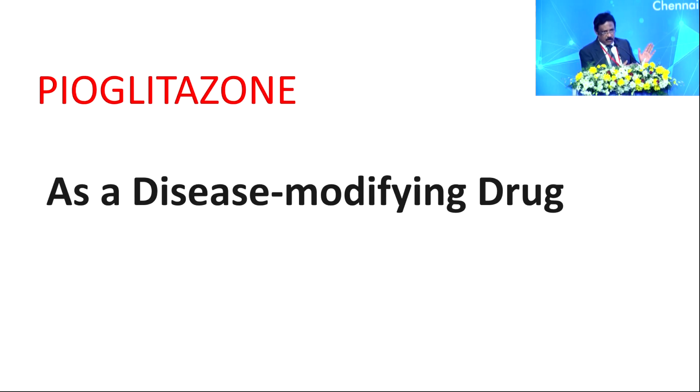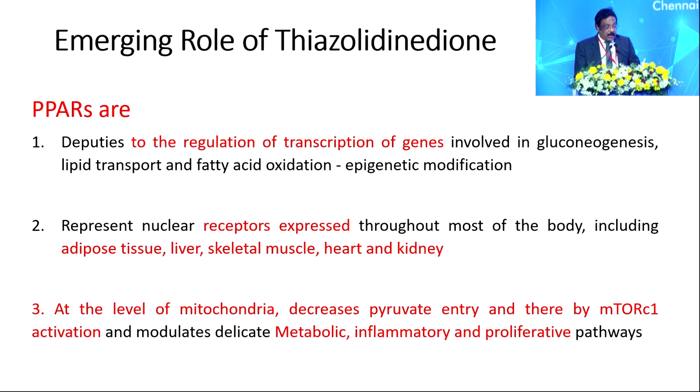First I'm going to focus on pioglitazone, the forgotten molecule for a very long time, and the emerging role of thiazolidinediones. They regulate the transcription of genes involved in gluconeogenesis, lipid transport and fatty acid oxidation, and more so epigenetic modifications. They represent a nuclear receptor expressed throughout the body: liver, skeletal muscle, heart, kidney, and especially adipose tissue.